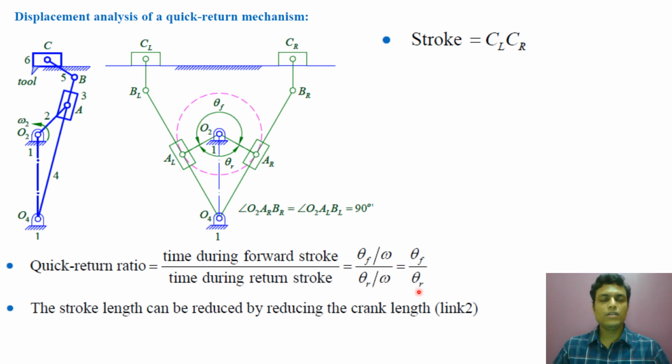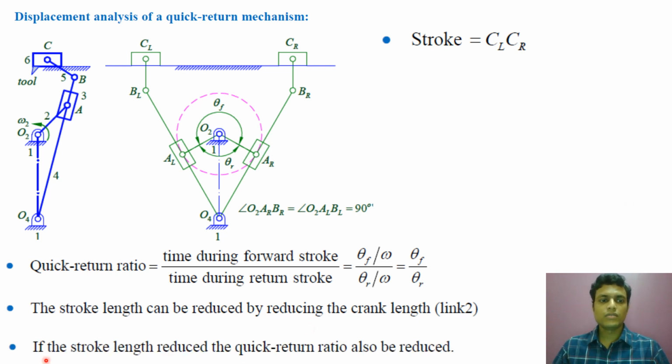So if we want to reduce the stroke length by reducing the radius of the crank, then our quick return ratio will be reduced, which is not desirable, because if the quick return ratio is reduced, then the production rate will be lost. So if the stroke length is reduced, then the quick return ratio is also reduced. So the quick return ratio is dependent on the crank length.